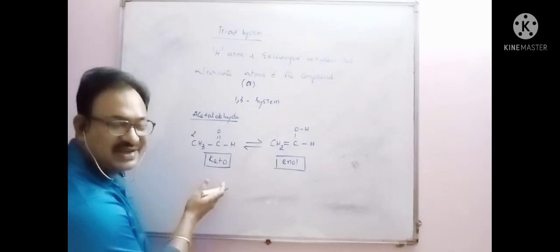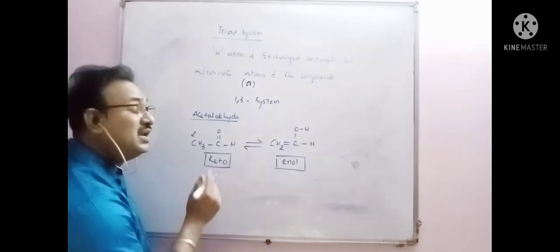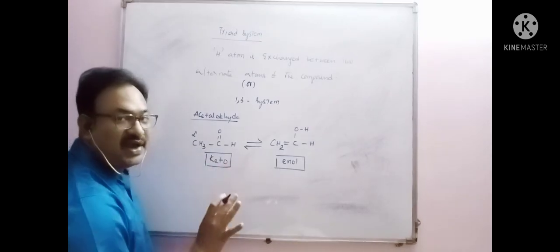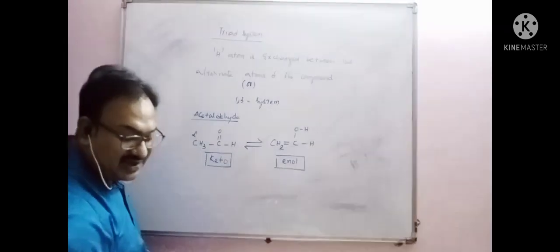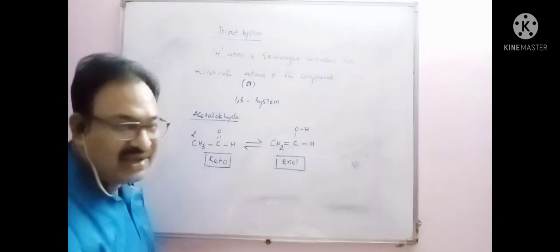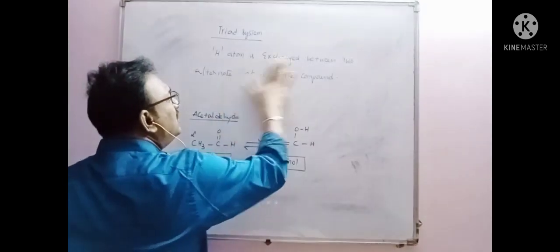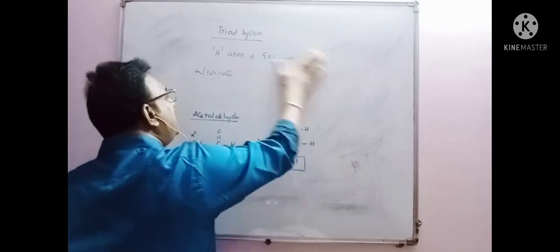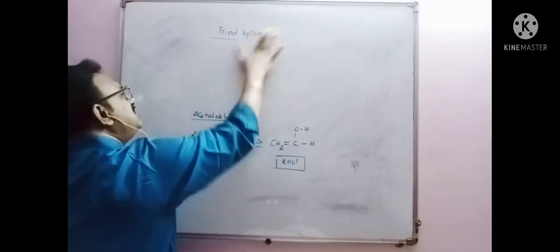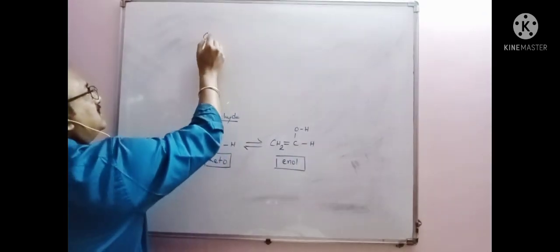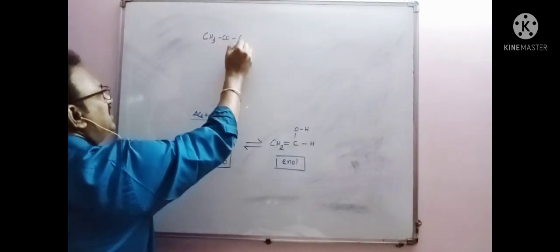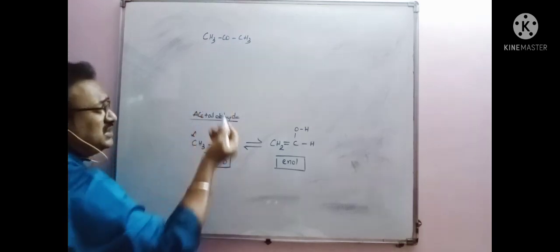In aldehydes and ketones we can observe this kind, but they must have at least one alpha hydrogen. So acetaldehyde can exhibit this, even acetone also can exhibit this kind of isomerism. I will go through acetone also. So listen carefully. CH3 CO CH3 has 2 alpha hydrogens.